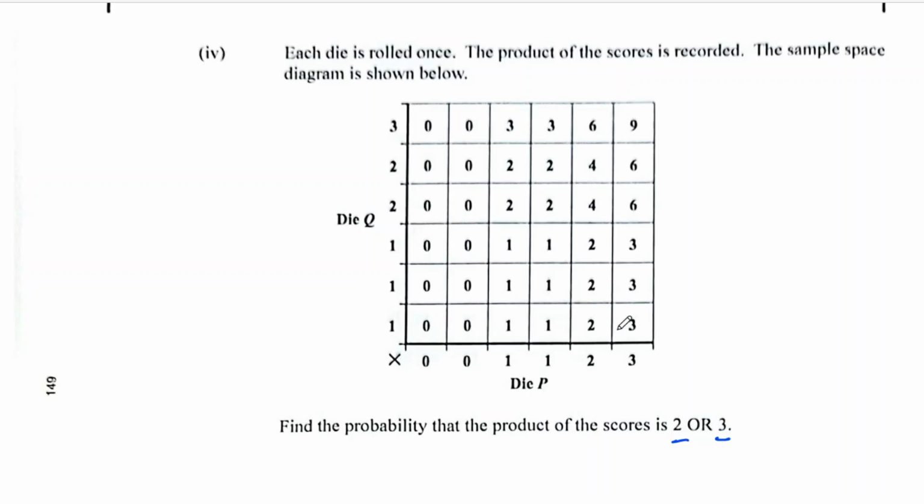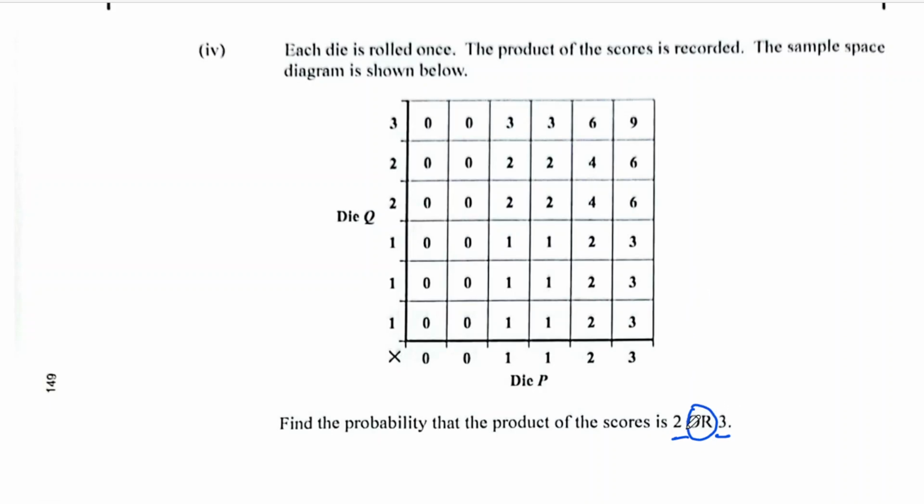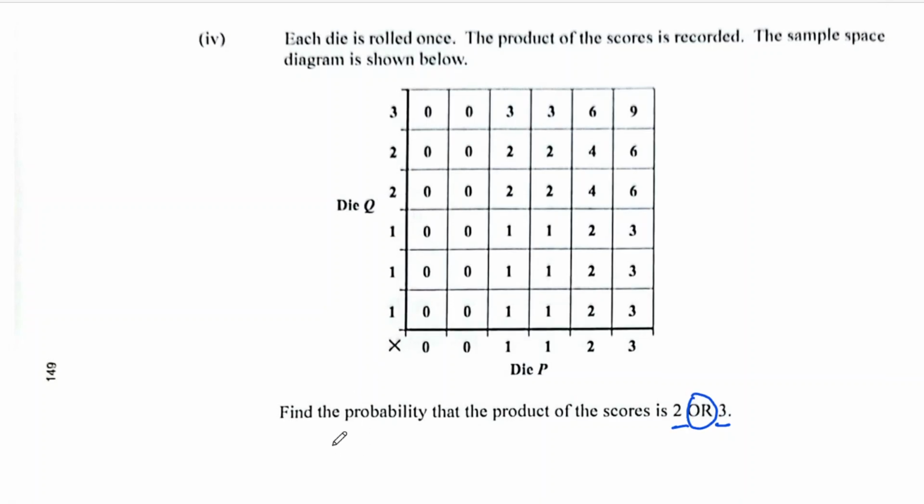So basically, they want you to go through here and see the probability of seeing a 2 or a 3. In probability, when you see the word or, that means we need to add. Similarly, before, when we see the word and, which is independent events, we have to multiply. When you see or, we need to add. So we could do this two ways. Find the probability of a 2. We go through here and see how many 2s we see: 1, 2, 3, 4, 5, 6, 7.